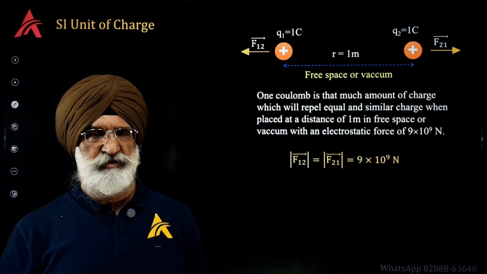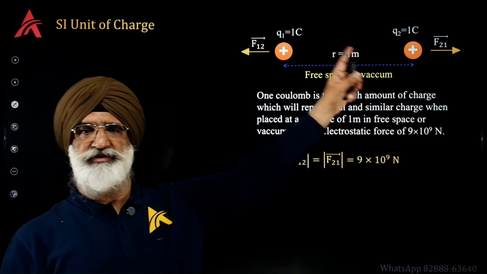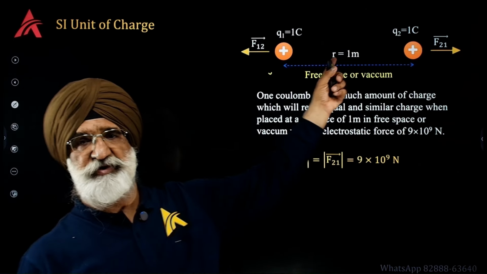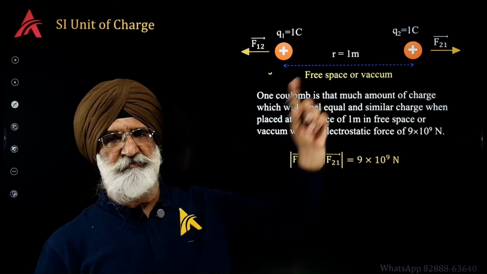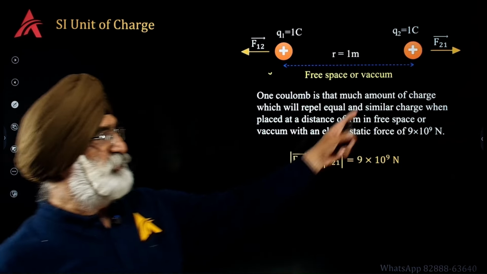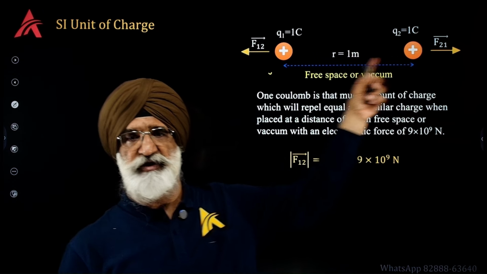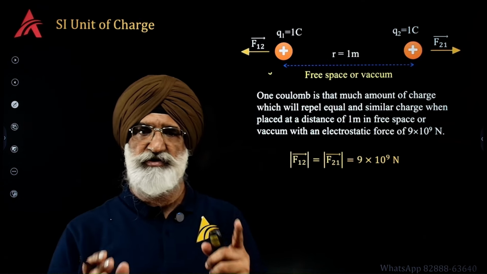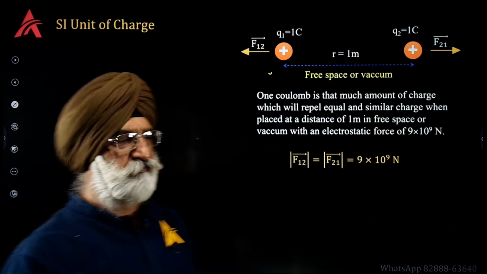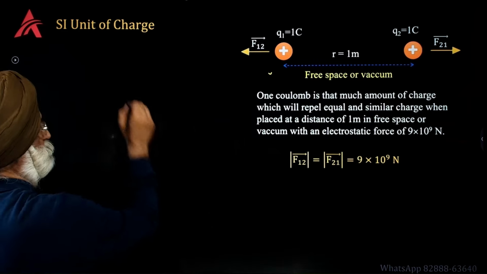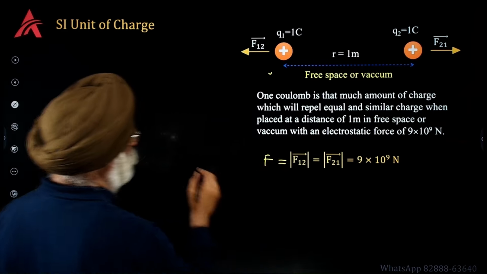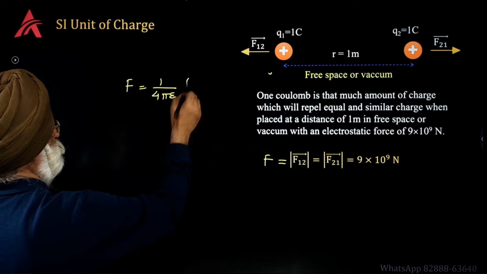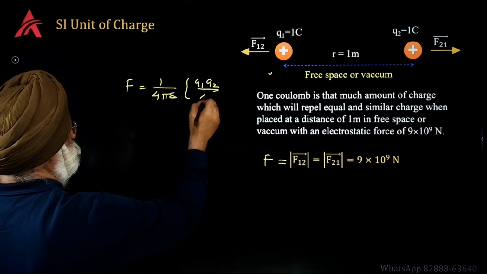Here in this system we have two charges Q1 and Q2. Q1 and Q2 both are equal to 1 coulomb each. They are separated by a distance of 1 meter and they are placed in vacuum or free space. The electrostatic force acting on Q2, that is F21, and the electrostatic force acting on Q1, that is F12, both have the same magnitude but they are pointing in the opposite direction. In that case, the magnitude of force is equal to F. The magnitude of force F is 1 upon 4 pi epsilon naught into Q1 into Q2 upon r square.